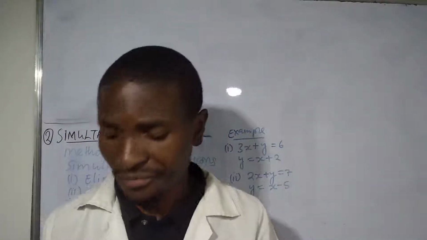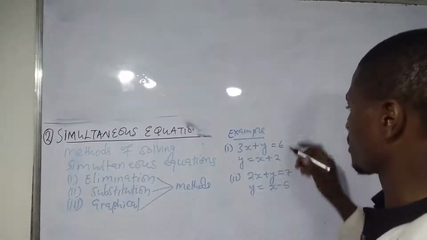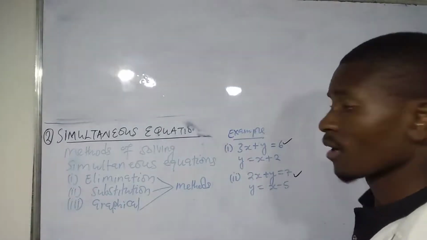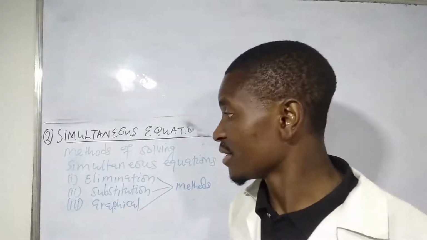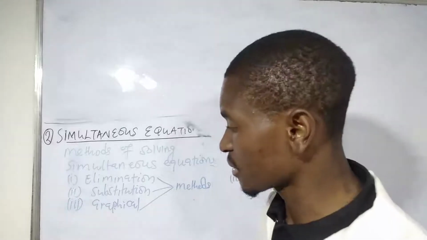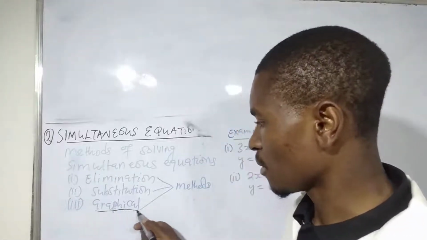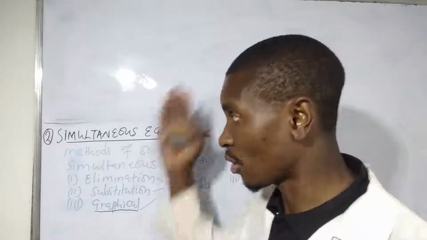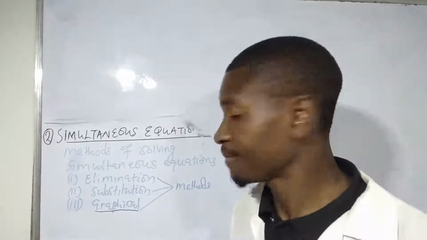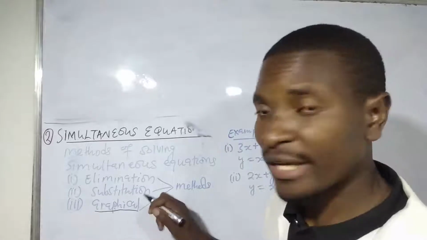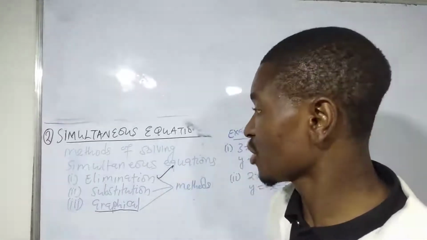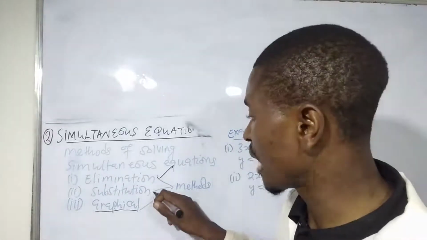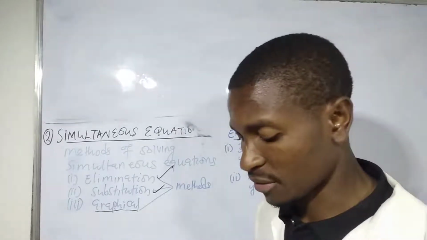So now I've got two examples that we shall look at by using these three methods. Of course, the third method will be done in the third video of this topic. So for today, we just look at elimination method as well as substitution method.